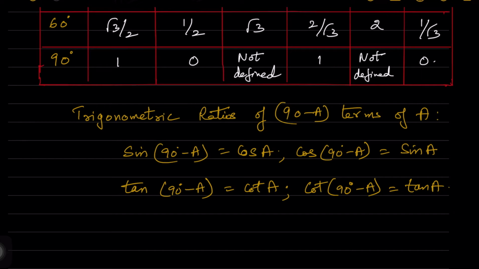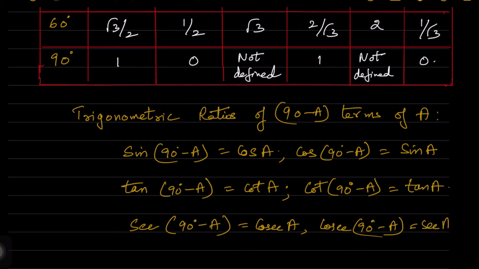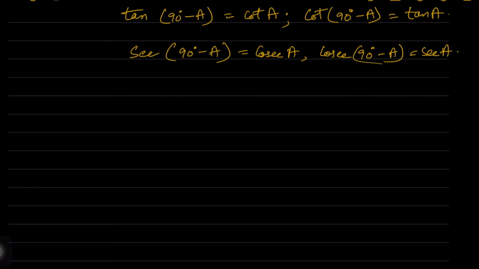Then tan 90 minus A is equal to cot A, because this is the reverse of this. So cot of 90 minus A is tan A. Then secant of 90 minus A is cosecant A, and cosecant 90 minus A is equal to secant A. So these are the values which you are having.